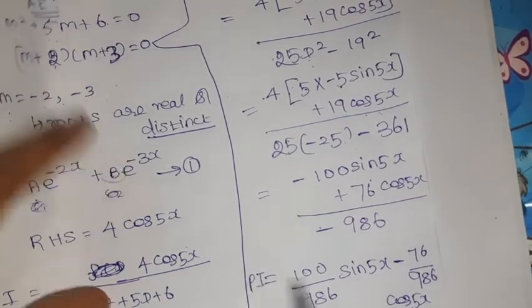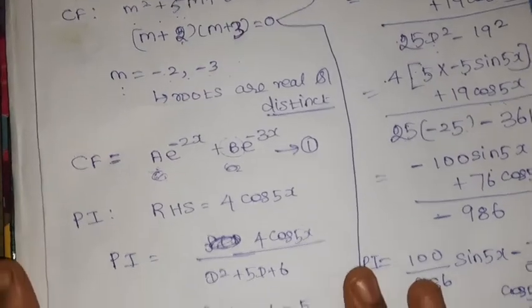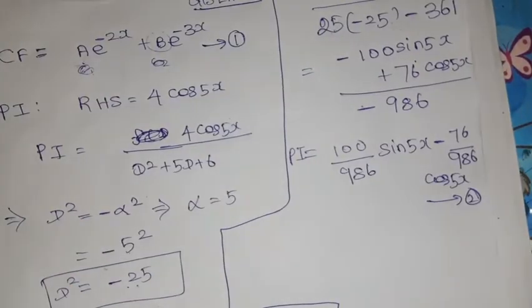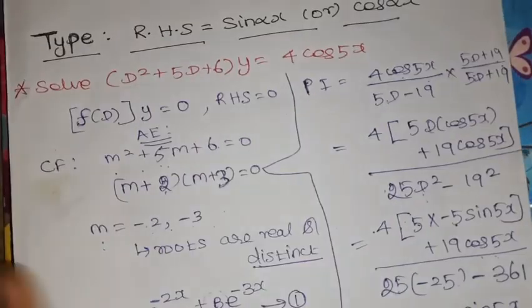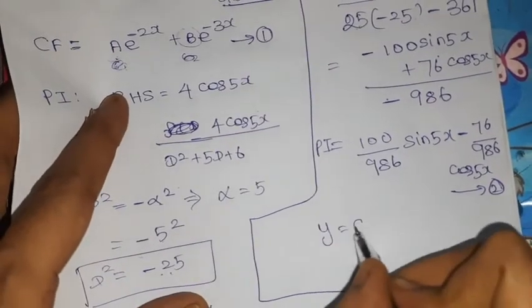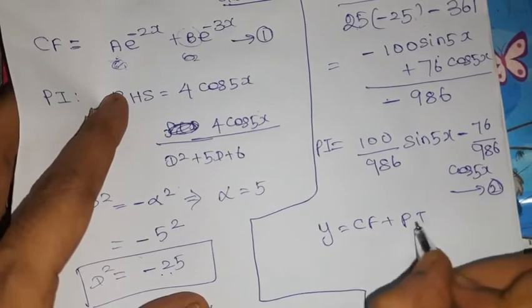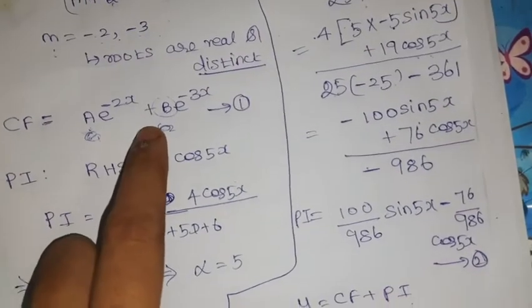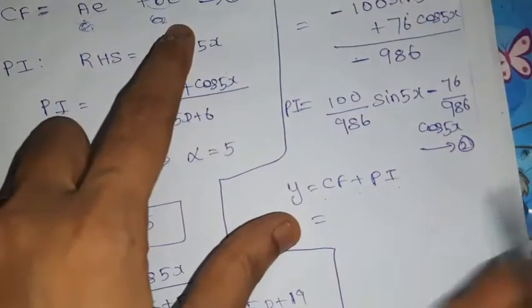This is the PI. So we found the PI. This is the procedure; I am telling you the procedure again. What is the next step? What is the solution? CF plus PI, complementary function plus particular integral. What is the complementary function? A e power minus 2x plus b e power minus 3x.